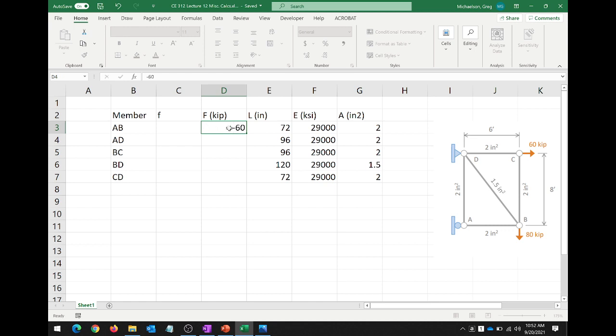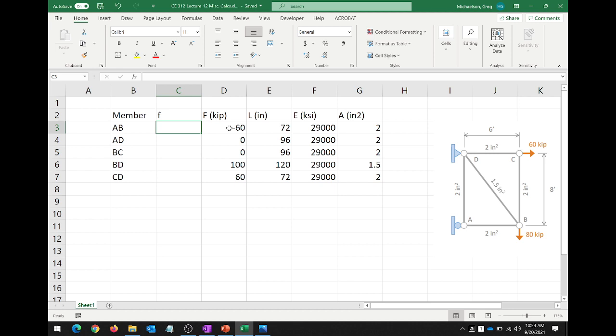Let's do this quickly. All right, negative 60. What about AD? 0. BC? 0. BD? And CD? Say it again. Okay, positive 60. All right.